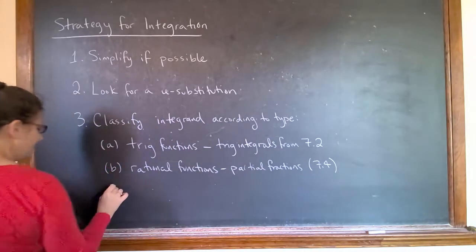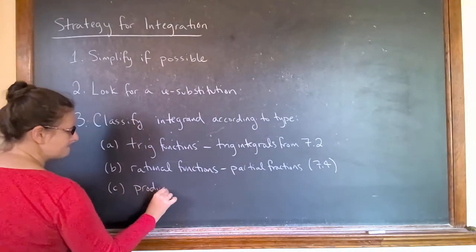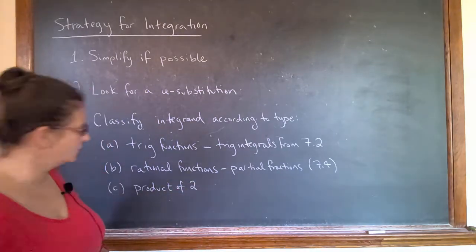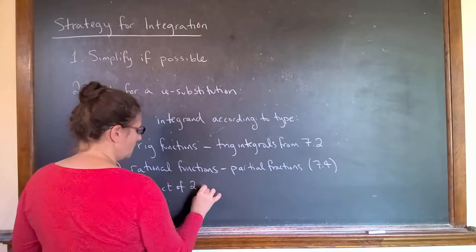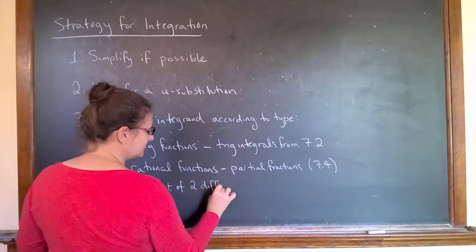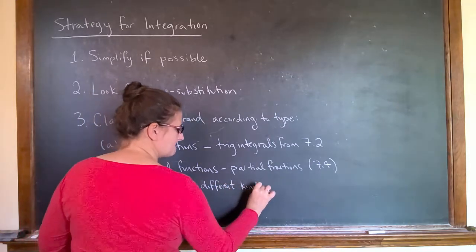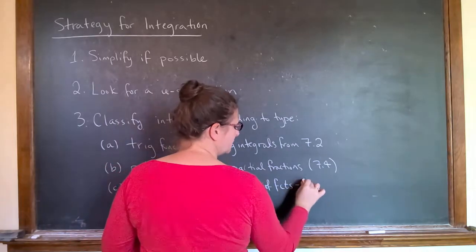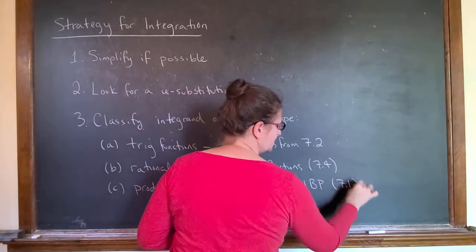If I have products of two different kinds of functions, so x times e to the x, something like that, that would be integration by parts, which, if you recall, was section 7.1.